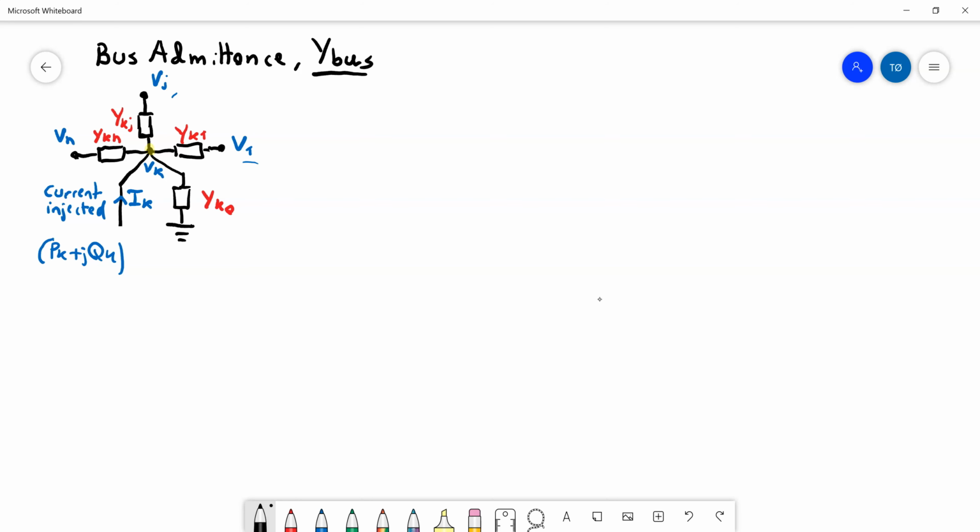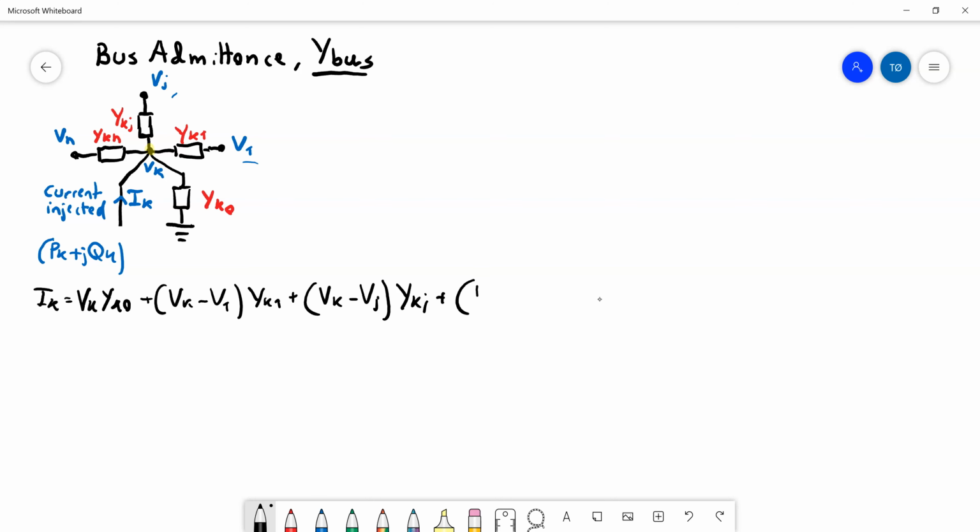So the net current we can say IK equals, and then we have the self VK YK0 plus VK minus V1 times YK1 plus VK minus VJ times YKJ, plus VK minus Vn times YKn.